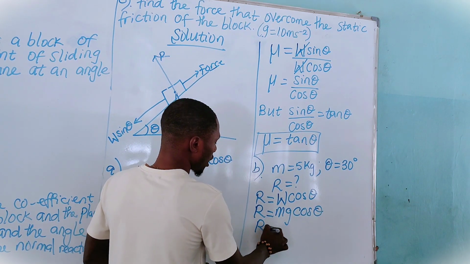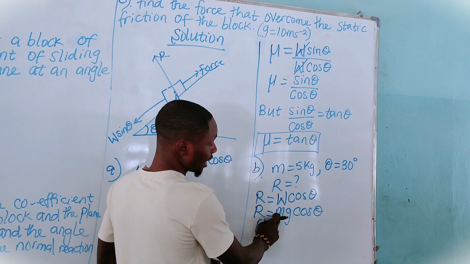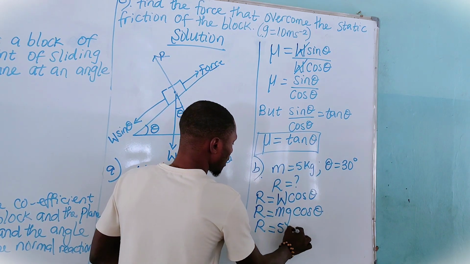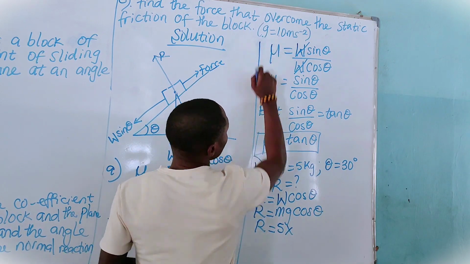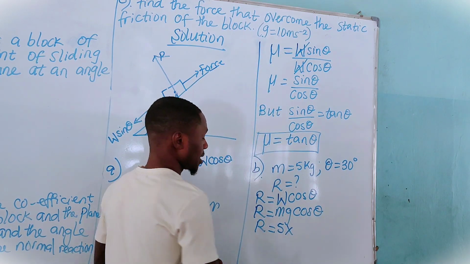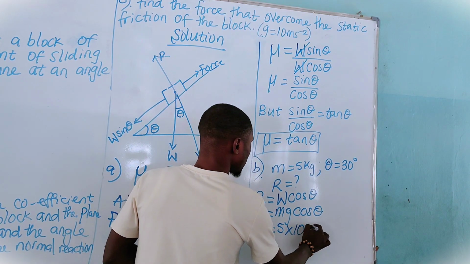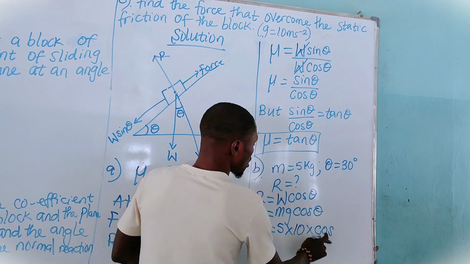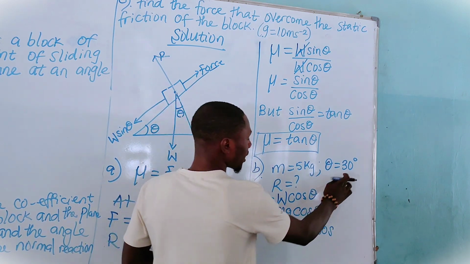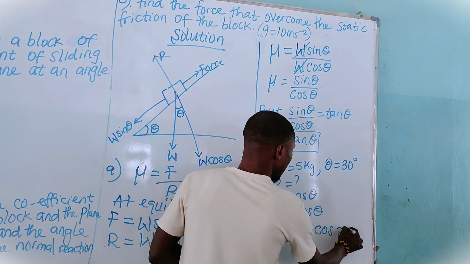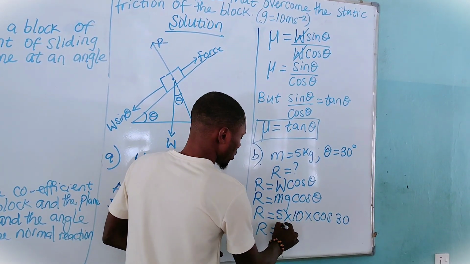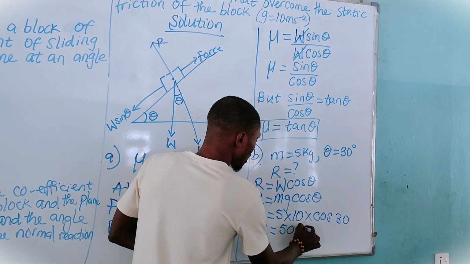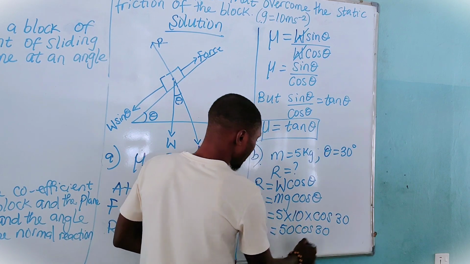So our normal reaction becomes the mass of the body in kg, which is 5, times g, the acceleration due to gravity, which we are given in the question as 10 meters per second squared, times cos theta, the angle of inclination, which is 30. So 5 times 10 is 50, and then cos 30.